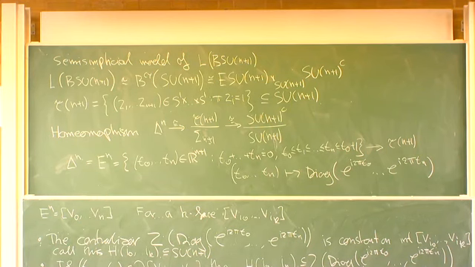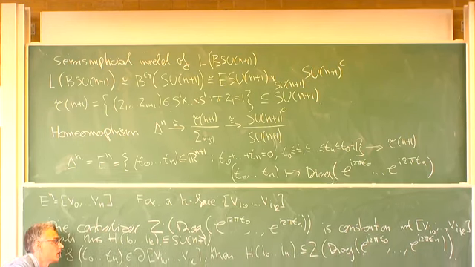In degree k it maps to the disjoint union over all the k-faces of the homotopy orbits of SU(n+1) divided by this subgroup H of i_0 up to i_k. So the semi-simplicial structure maps now come from this: if I delete one of the vertices, then the centralizer becomes larger, so I have a projection map going down.